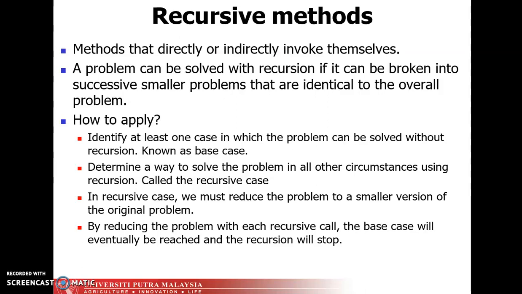For example, given a programming problem, regardless of the scope and size of the problem, it will be a good solution if we can break the problem into successive smaller problems that are identical to the overall problem. The process of repeatedly breaking the problem into smaller problems requires the recursive method.